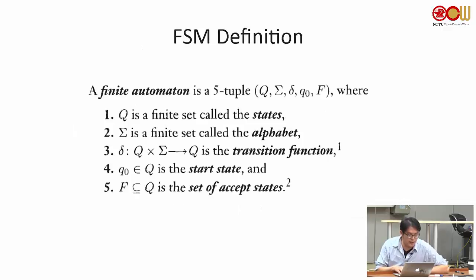So we have a finite set Q, we call it states, and we have a sigma, which we call the alphabet. This is more about, for example, the input signal in the previous example. And one very important thing is the transition function.